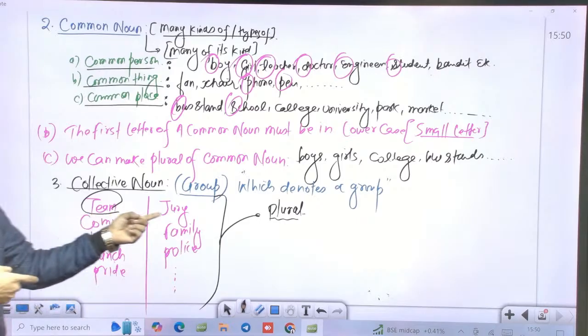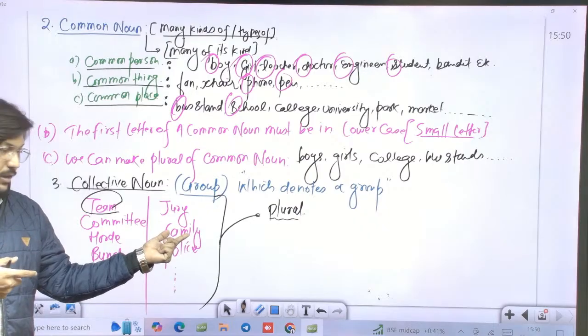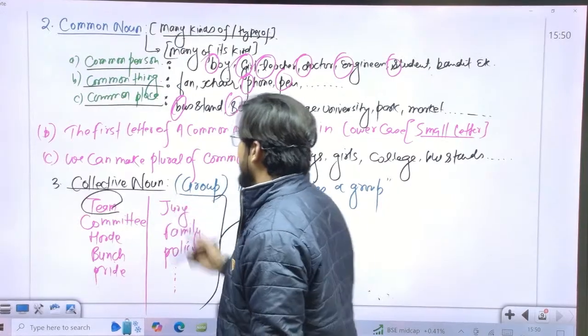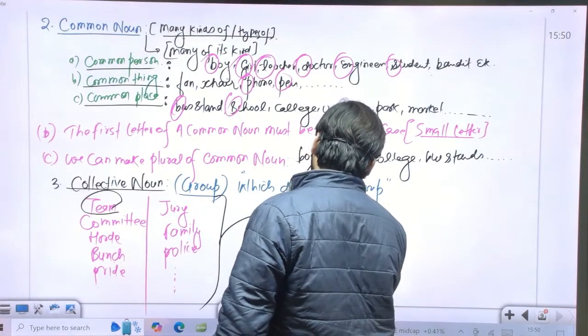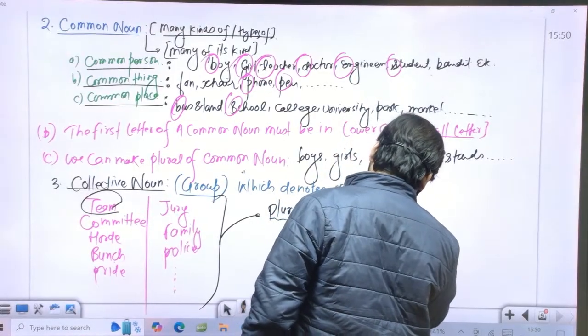Many people must be in jury. Many people must be there, means many members in a family. That is why we say collective nouns are plural as well as singular in nature.